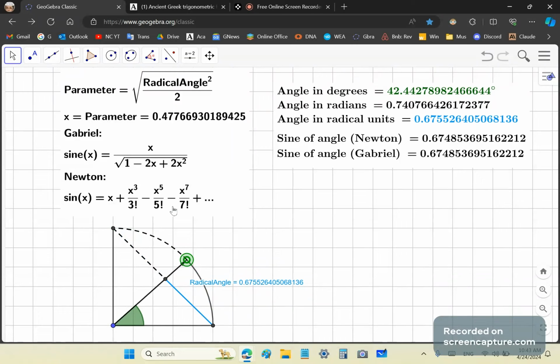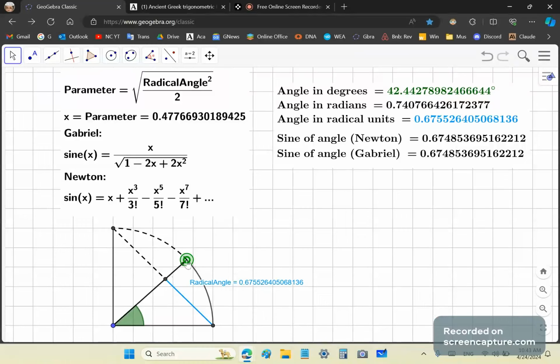So it's never accurate, but mine is completely accurate. It's finite. It's done in a finite number of steps. Whereas with Newton, you have to check how accurate it is because every time you add another term, you get more accuracy.